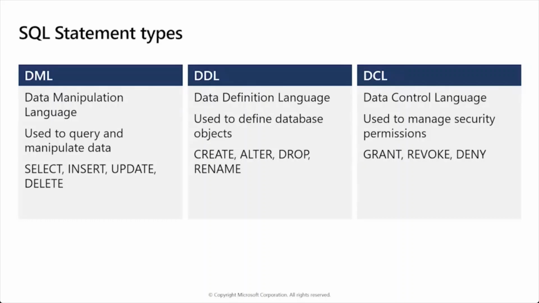So they're statements like select, insert, update, and delete. DDL is used to define database objects. So they're statements like create, alter, drop, and rename. DCL statements are used to manage security permissions. So they're things like grant, revoke, and deny.